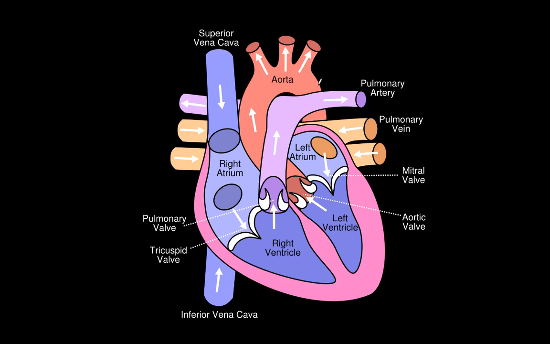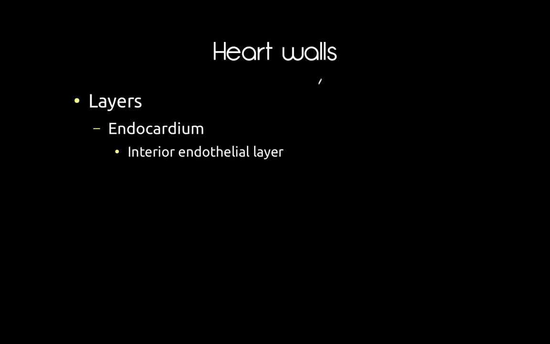Okay, so let's talk a little bit about what's happening in the heart, and particularly the heart walls, which we're going to be talking a lot about. So all the area that's surrounding those chambers. We have a couple different layers here. We have the endocardium that has this layer of endothelial cells lining it. I'm not going to talk too much about that.